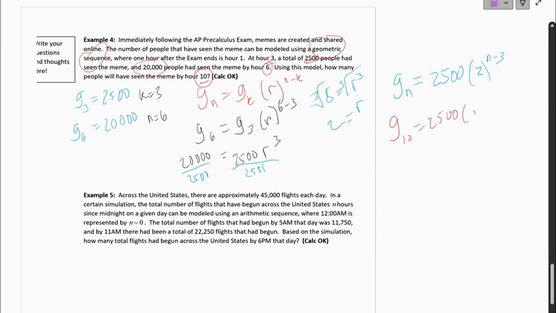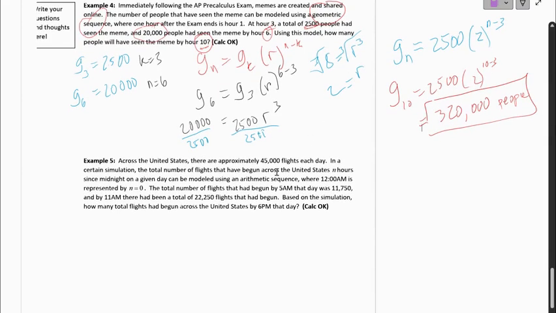Again, we have a calculator. You would do 2 to the 7th in the calculator and then multiply by 2,500, and you would get that after 10 hours, 320,000 people have seen this meme. There's example 4.